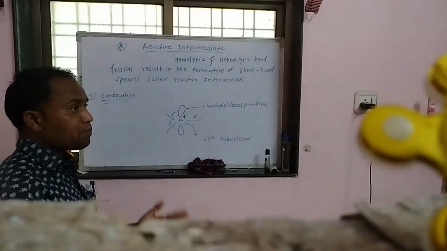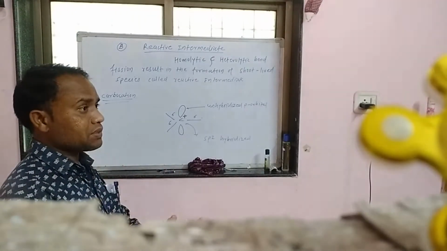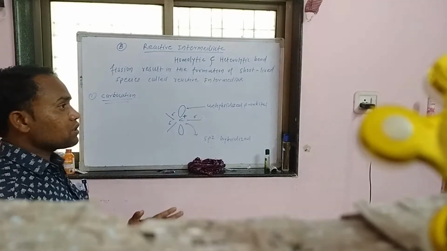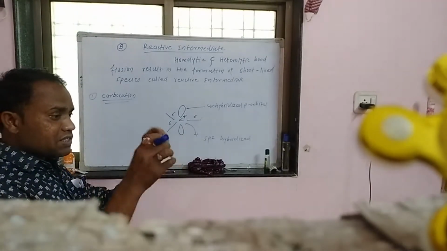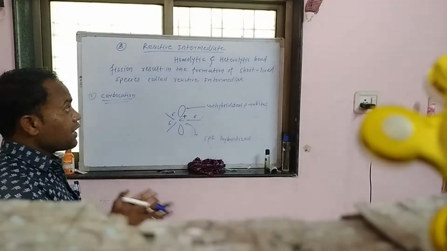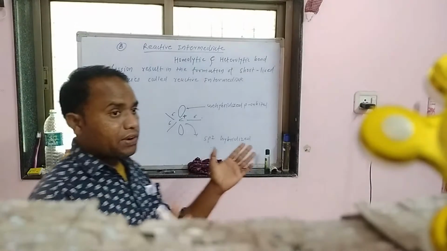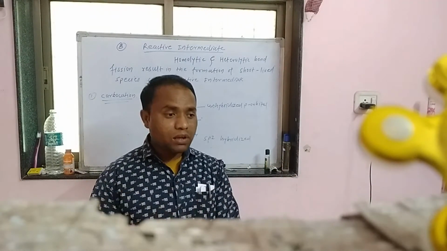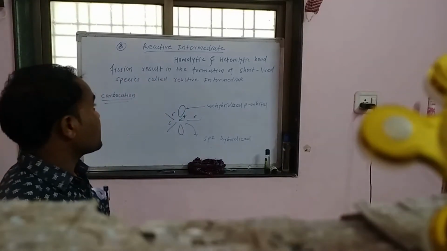Homo means the same atoms in a molecule, so this is homolytic bond fission because the bond breaks between the same atoms. Heterolytic means the bond breaks between two different atoms of the molecule.